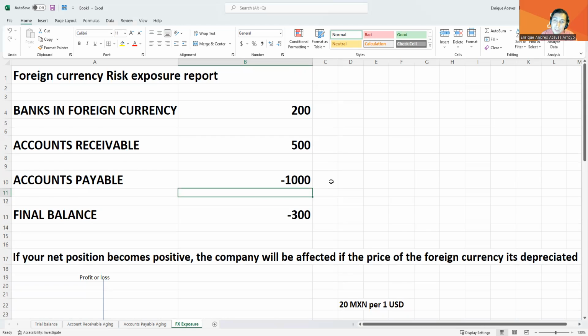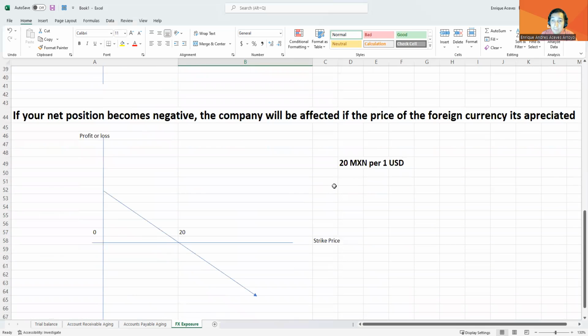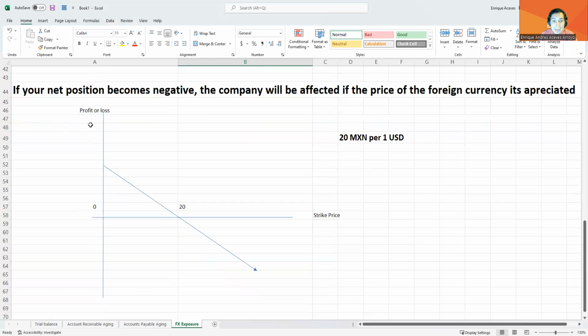And what would happen with a negative exposure? Well, you will have to go to the market and purchase those US dollars. So if your net position becomes negative, the company will be affected if the price of the foreign currency is appreciated. Why?